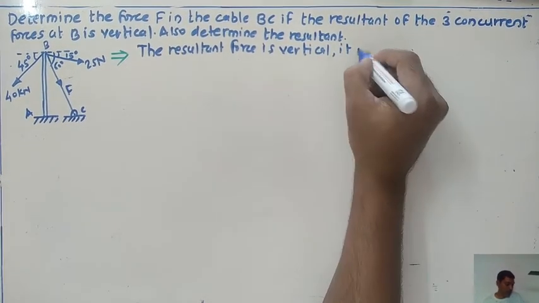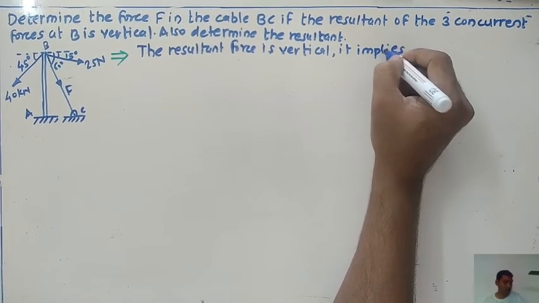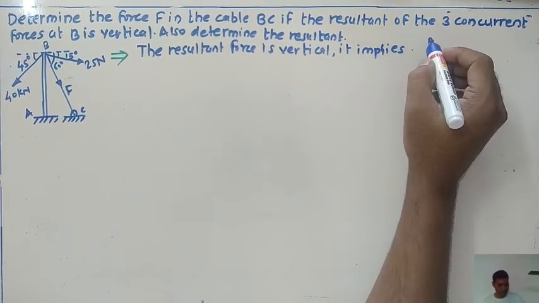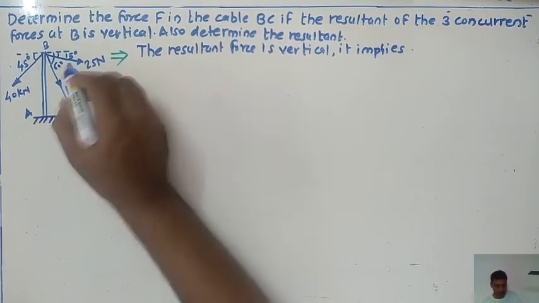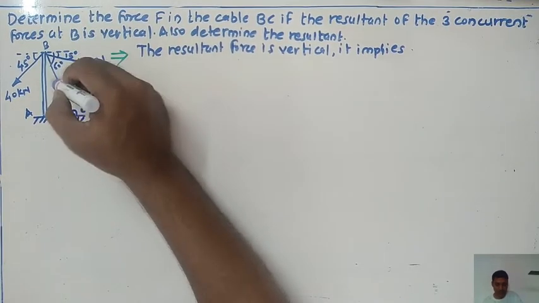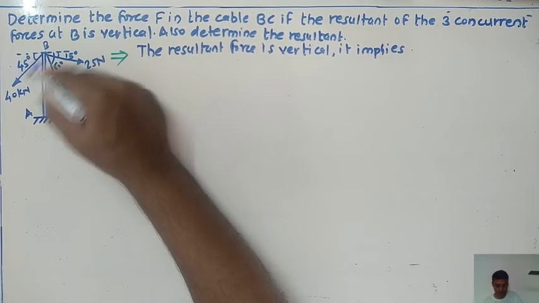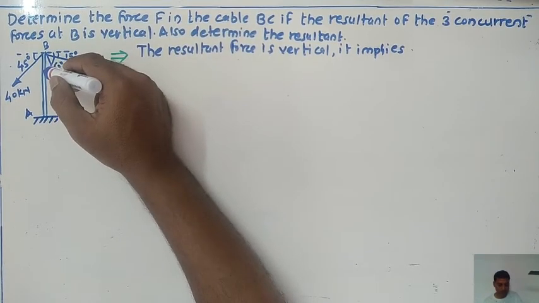What does it imply? If I consider the resultant of all these forces in the vertical direction, almost all the forces are in a downward direction.